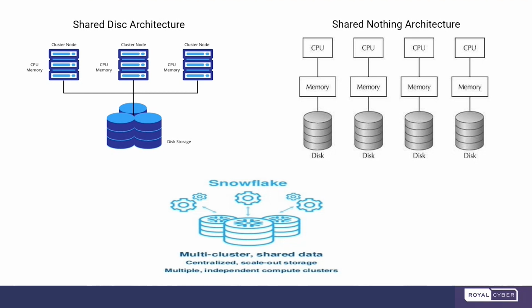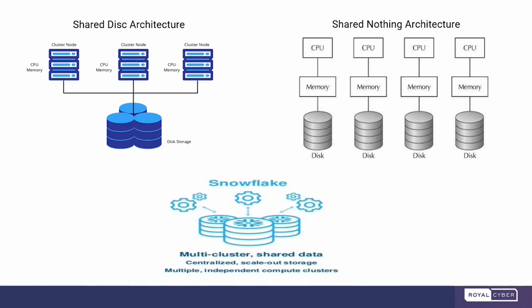Another problem is that partitioning and load balancing are also very time consuming. So these are a few issues with shared disk architecture, and now we come to shared nothing architecture.